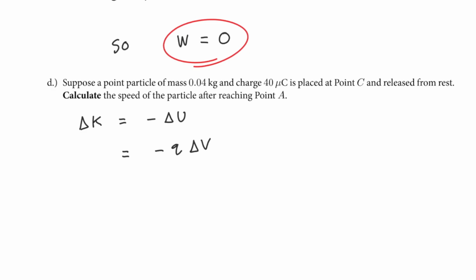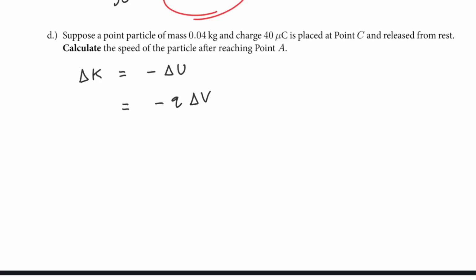So if we're going from C to A, let's just solve it out, because delta K would be 1/2 m vf squared minus 1/2 m v0 squared. Then we can just go ahead and solve this, because we're starting from rest, so that term is 0. So 1/2 m vf squared is equal to negative Q delta V.